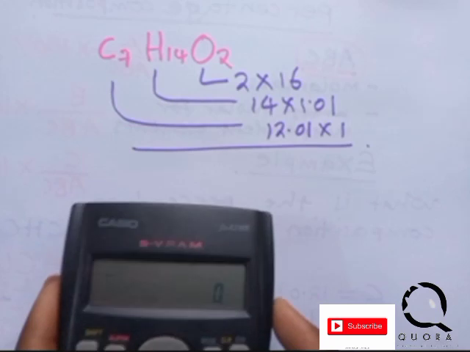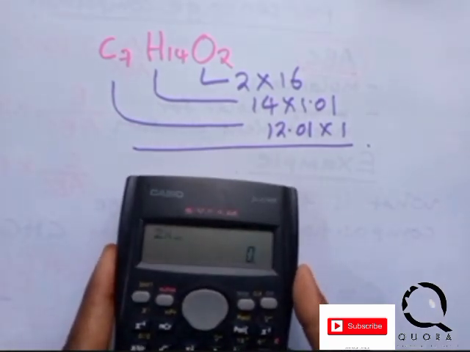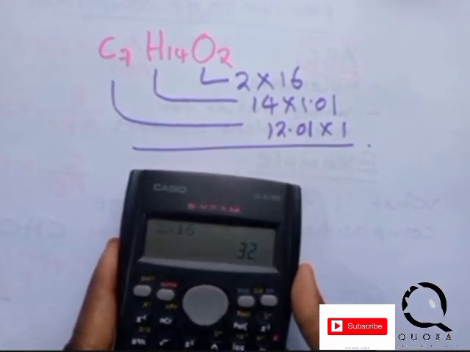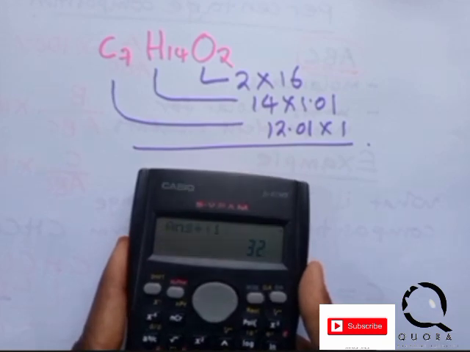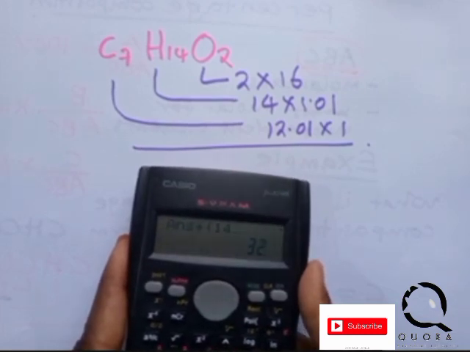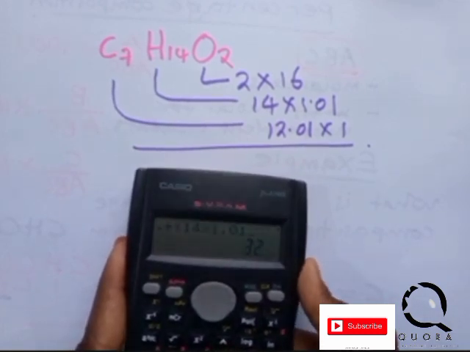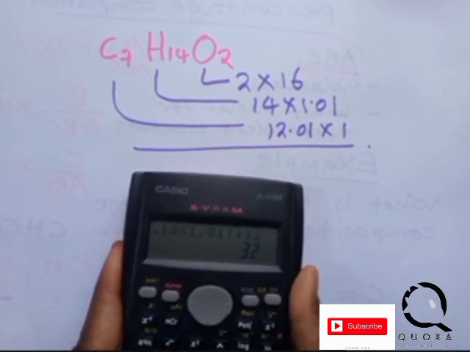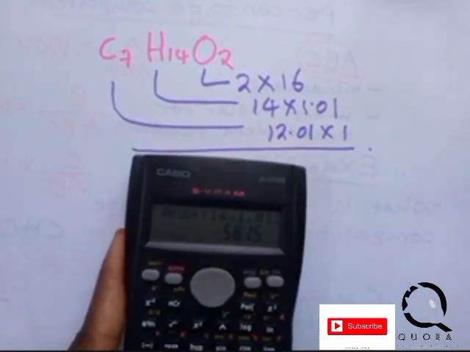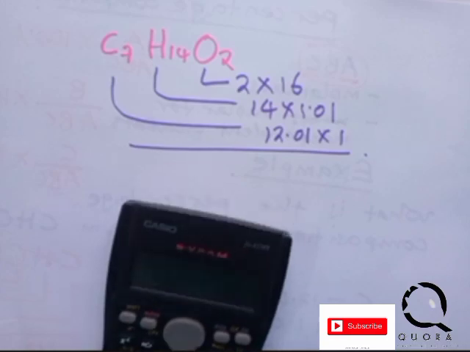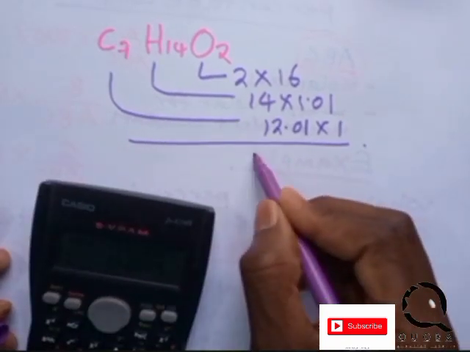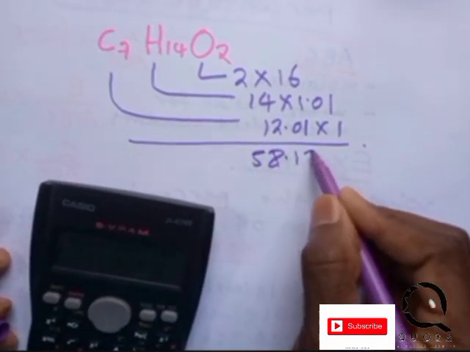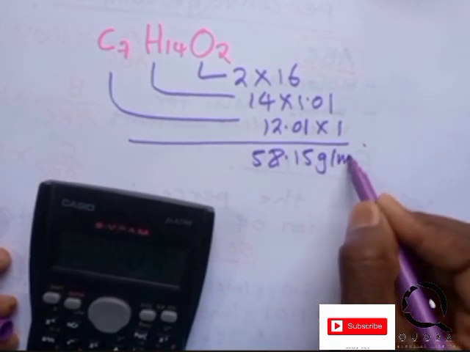We are having now 2 multiplied by 16, plus 14 multiplied by 1.01, plus 12.01, and here we are getting 58.15 grams per mole.